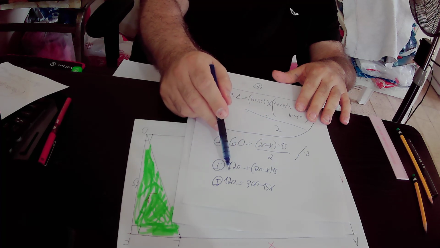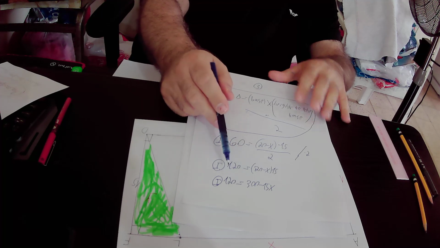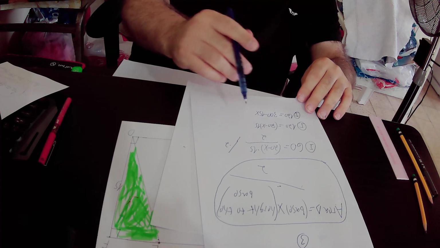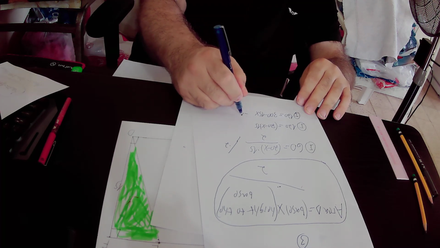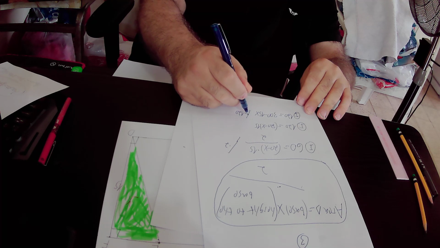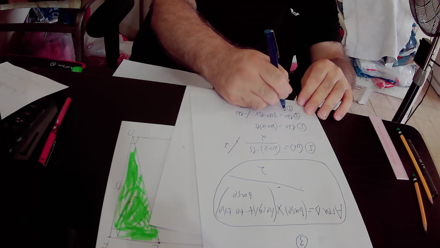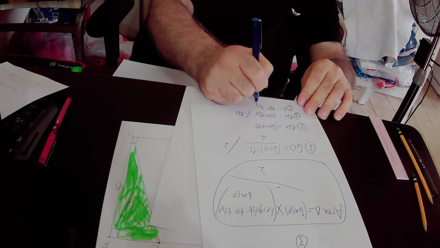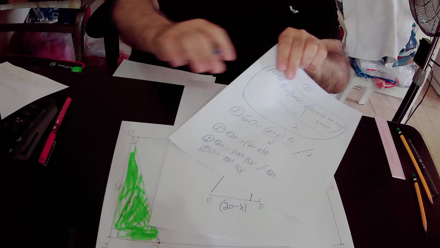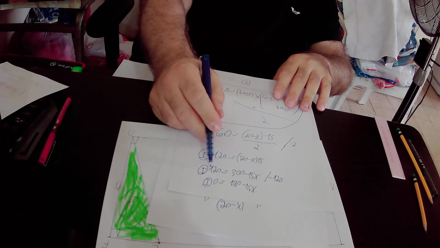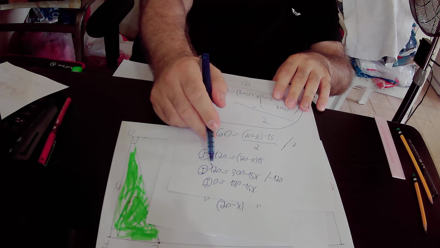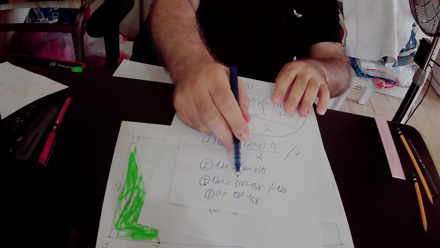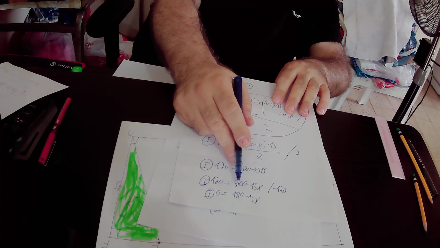Now we subtract 120 from this equation. 120 minus 120 equals 0, and 300 minus 120 equals 180.